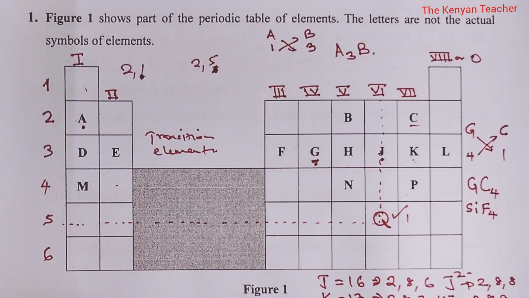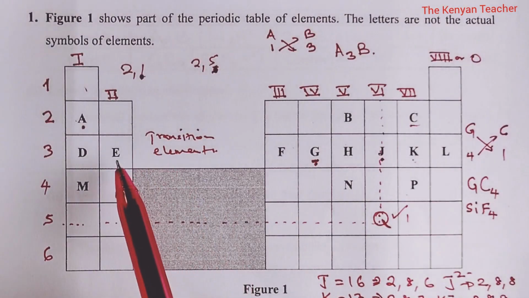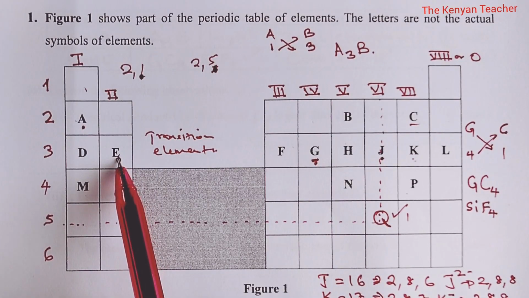So here is our grid. Element E is here. Now, for us to answer that question that we just looked at, it may be good that we know the actual identity of E and F.